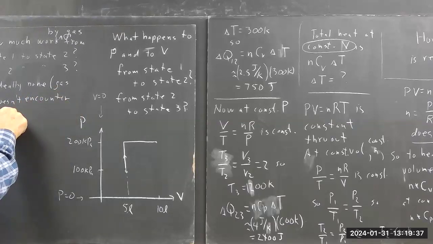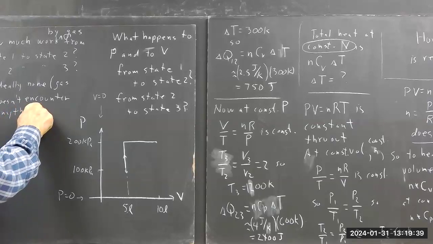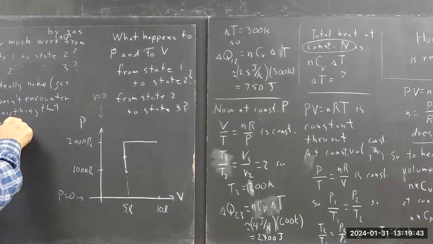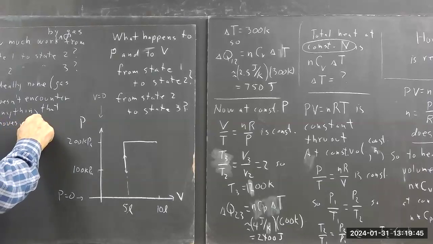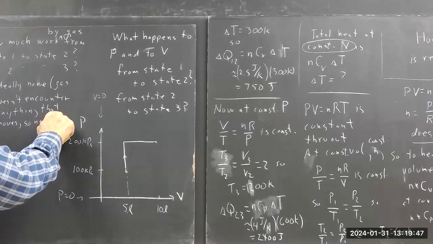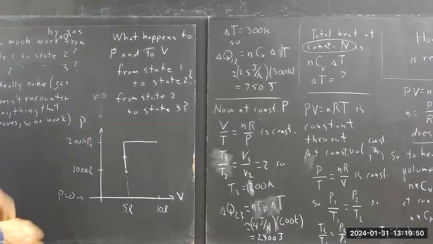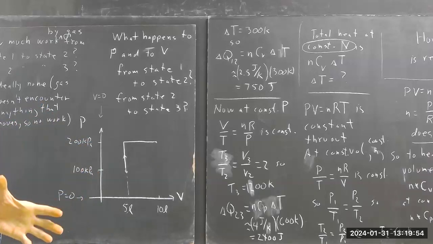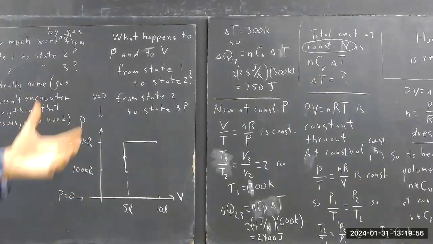The gas doesn't encounter anything that moves. So there's no work, because work is force times distance. It's exerting all kinds of force, but not through any distance, so there's no work.